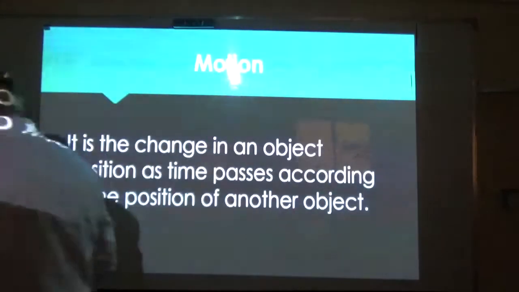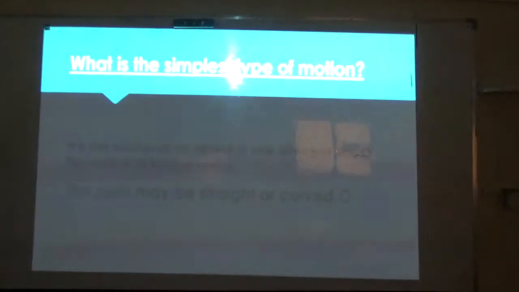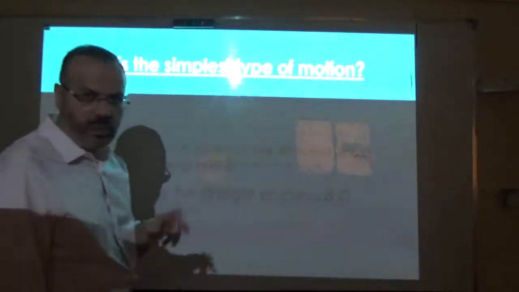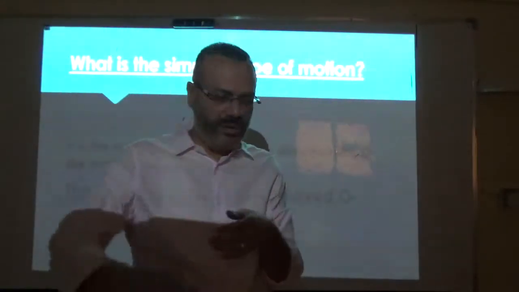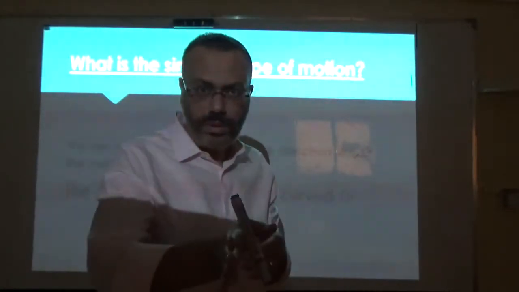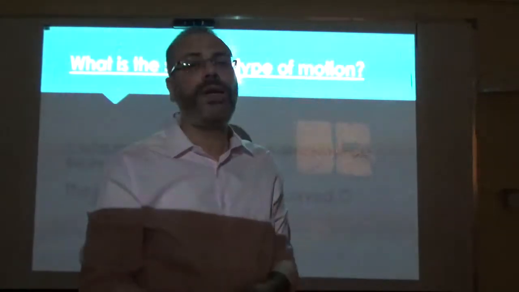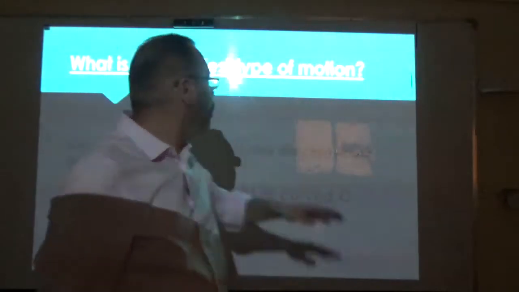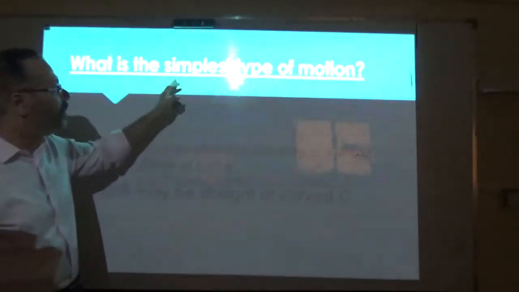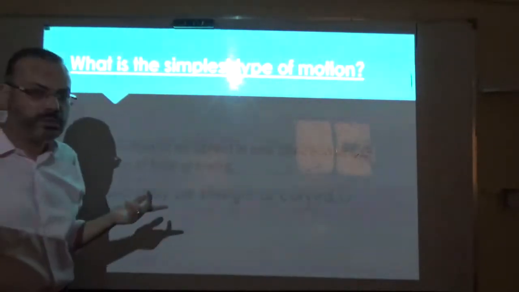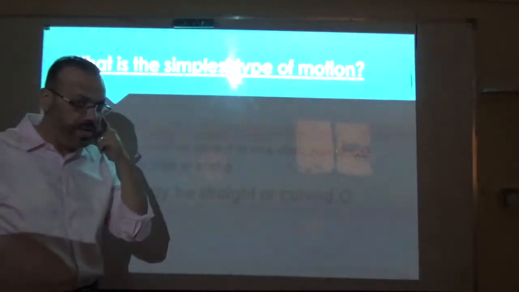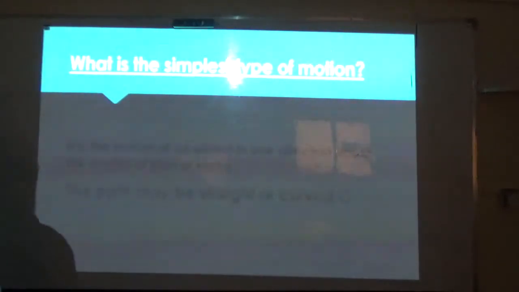If we ask this question: what is the simplest type of motion? We said that we have 2 types, different directions and one direction. Which one of them is considered the simplest type of motion? You can think.